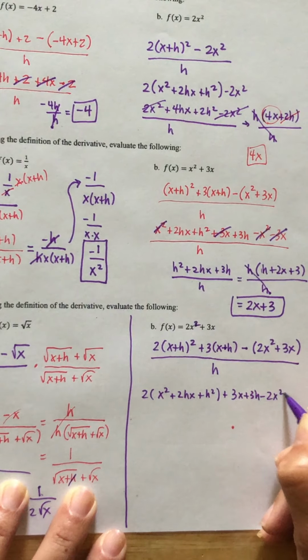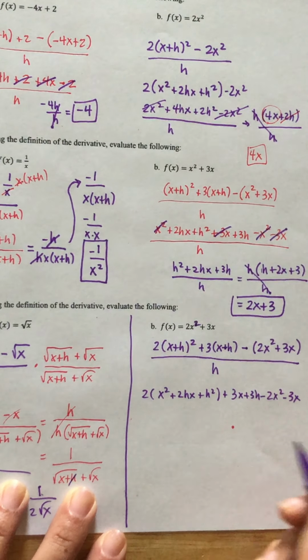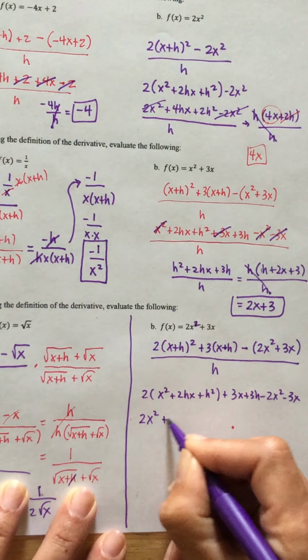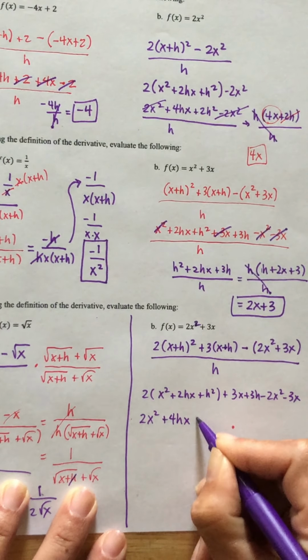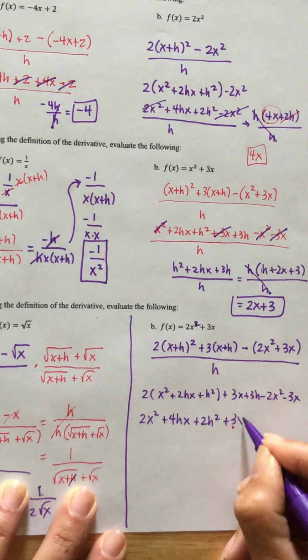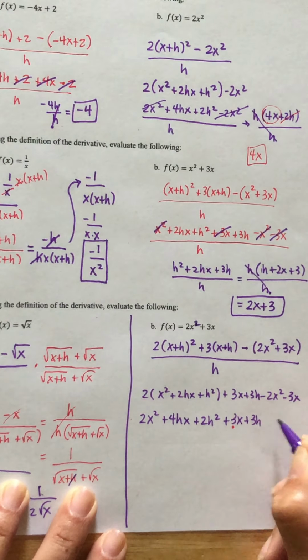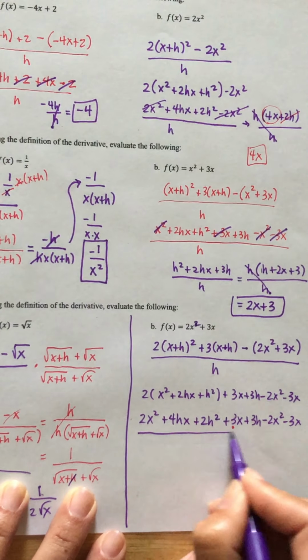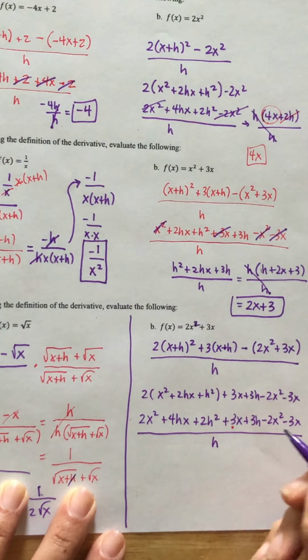minus 2x squared minus 3x. All right, cleaning it up a little bit more: 2x squared plus 4hx plus 2h squared plus 3x plus 3h minus 2x squared minus 3x. And remember, this is still over h.